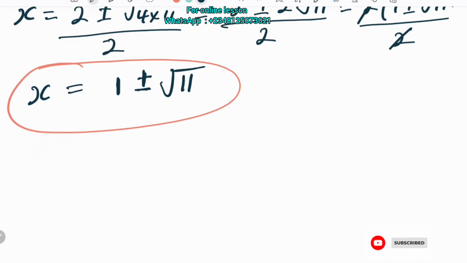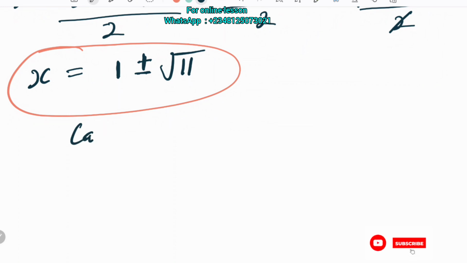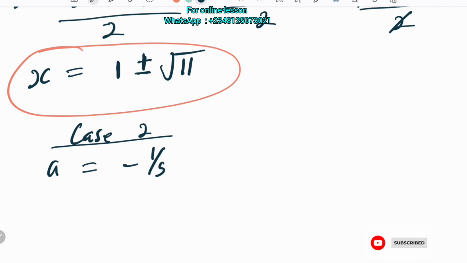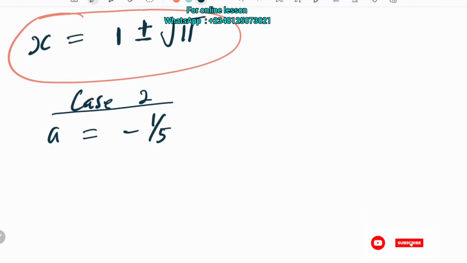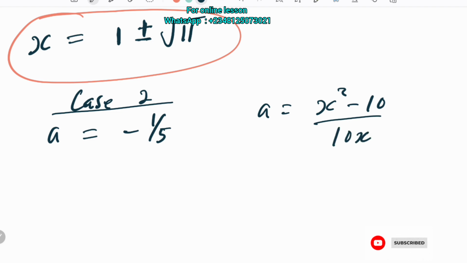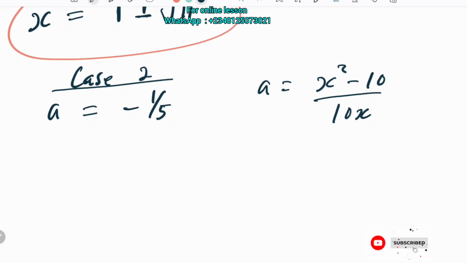Case 2 is where we have a equal to minus 1 over 5. And remember that we said a equal to x squared minus 10 all over 10x. Now let us plug this in for a.